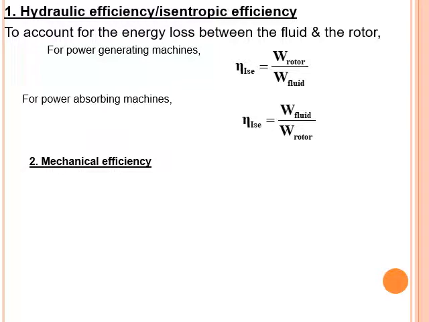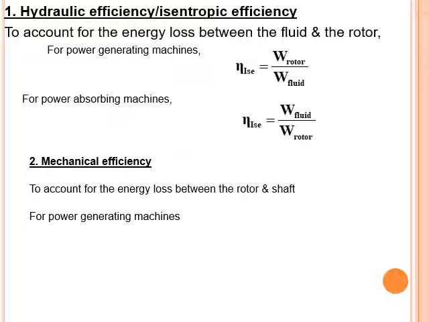The mechanical efficiency. The mechanical efficiency of power generating turbo machines is given by the ratio of the work output by the shaft to the work input by the rotor.